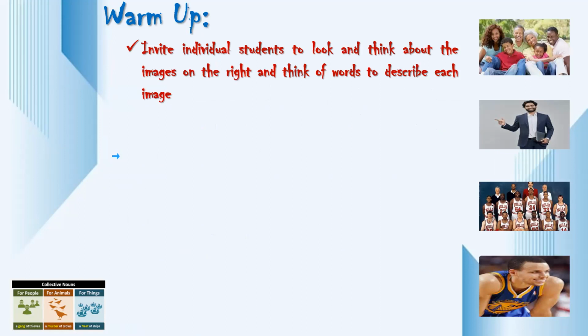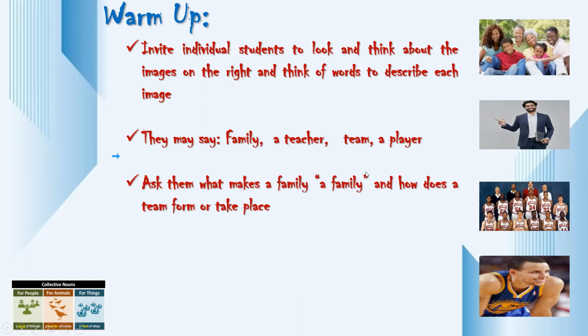first we can ask the students to think about the pictures here. So there are 4 images. Ask them to come up with words about each particular image here. So they might say family, a teacher, a team, a player.